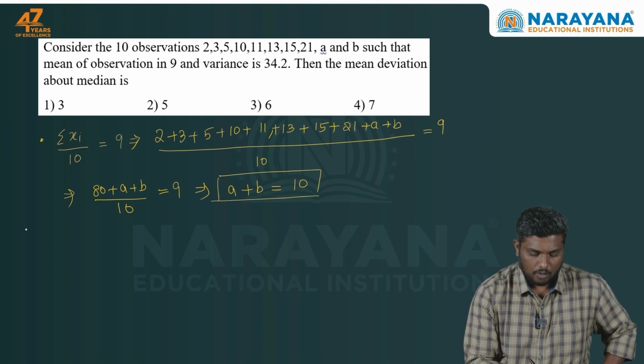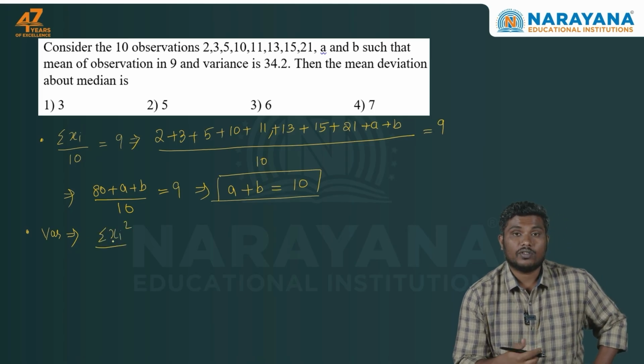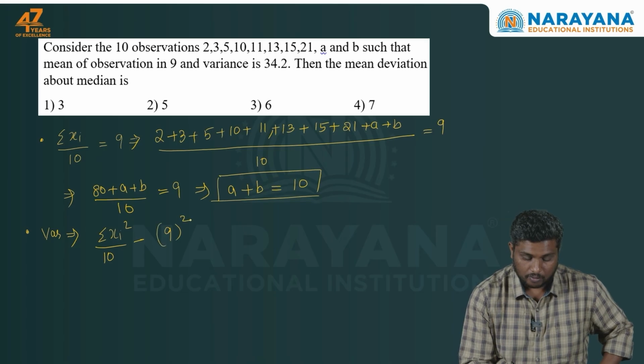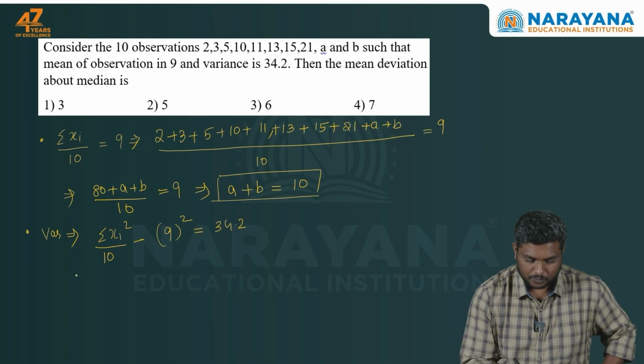10. Now what is the formula for variance? Variance is equal to sigma xi square, the sum of squares of the observations, divided by n, minus the mean whole square. The variance is 34.2, and from this I can find sigma xi square by 10 is equal to 342 by 10 plus 81.